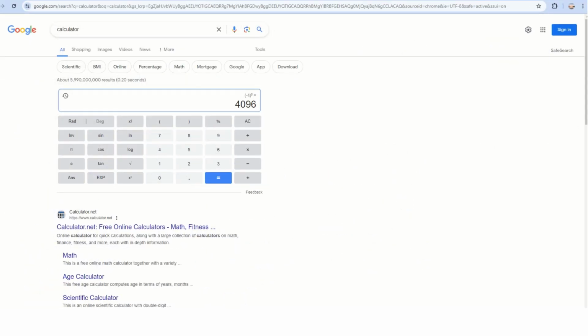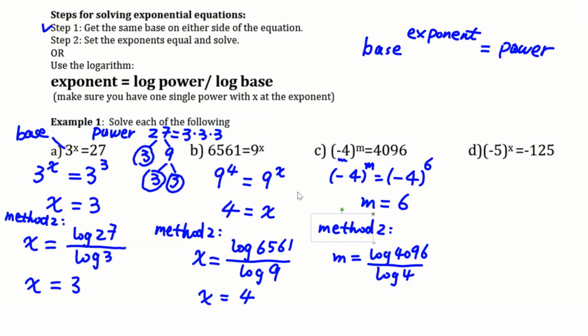So we use a positive number only: log 4,096 divided by log 4, positive base only, it gives you 6. So m equals 6, then you check it.